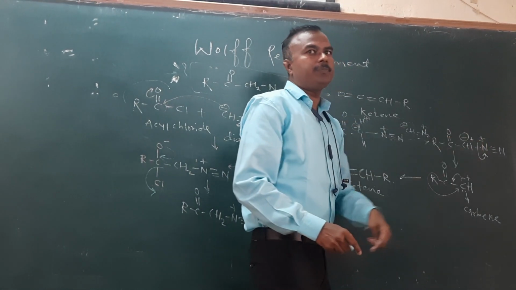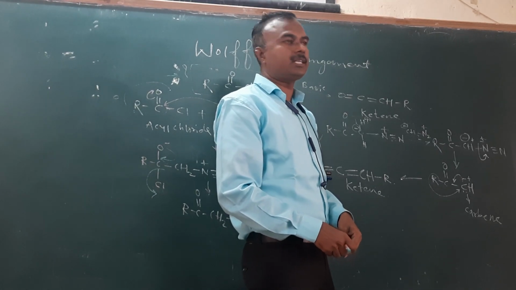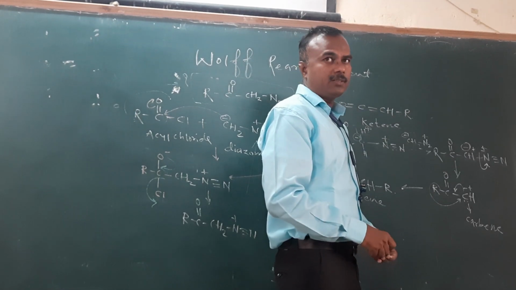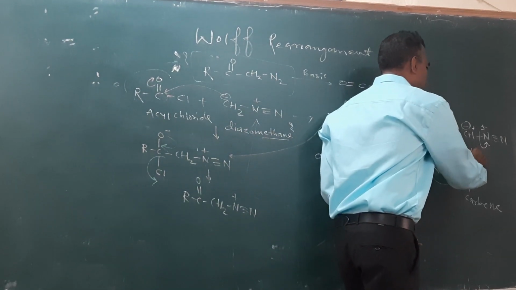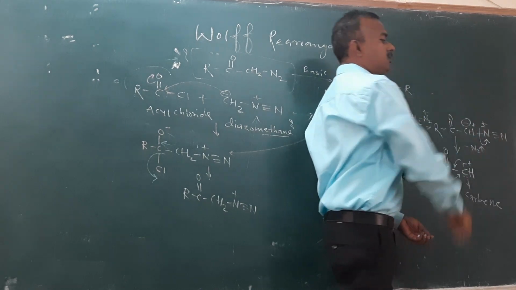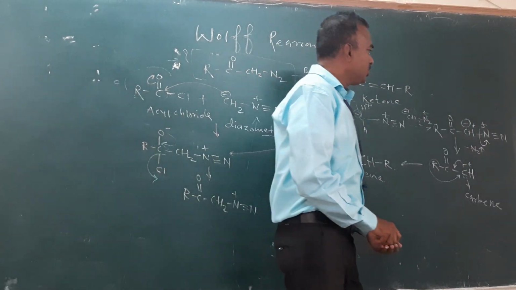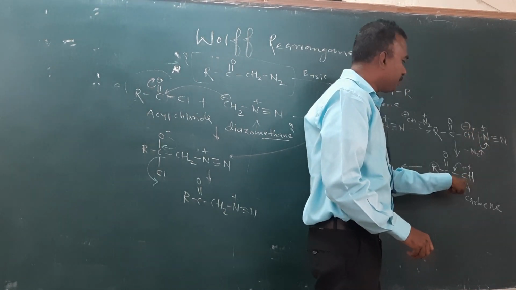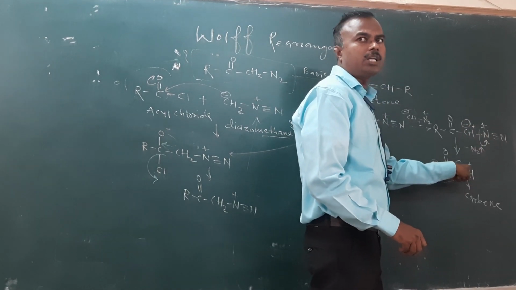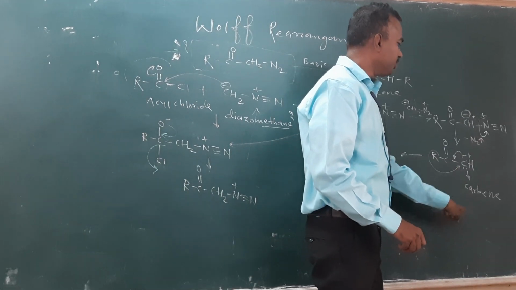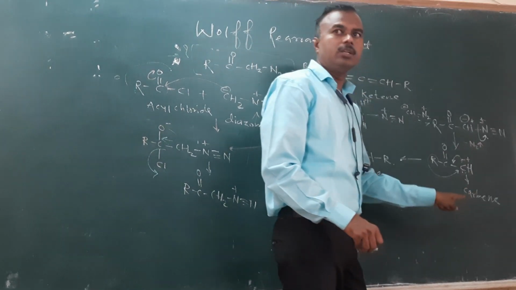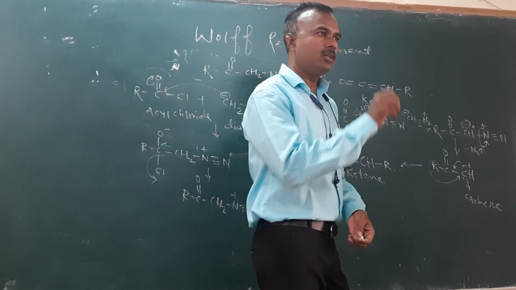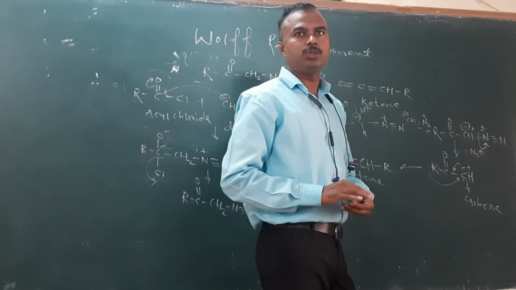There is formation of a nucleophile on the carbon atom. Two things will happen. First, minus N2 gas. So here positive, negative means a pair of electrons, or you can write negative, positive. This kind of structure is called a carbene, where a carbon bears a negative as well as a positive charge.